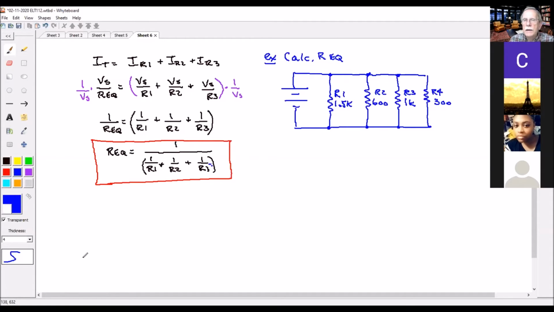So let's say we had R1 was 1.5K, R2 was 600, R3 was 1K, R4 was 300.